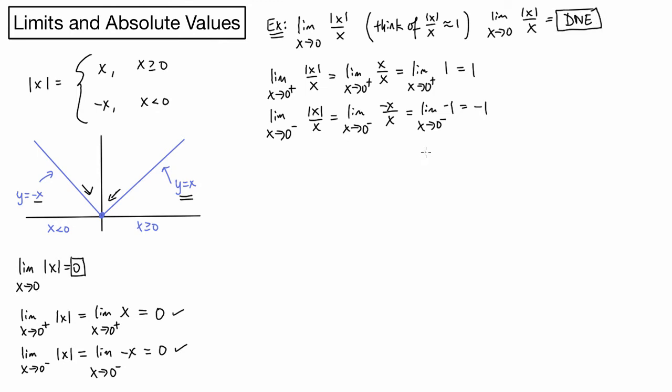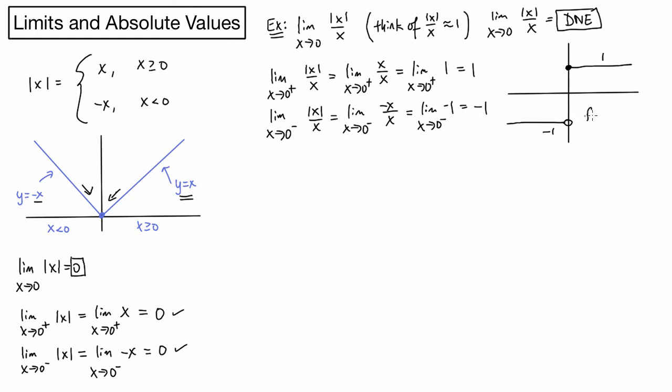And in fact, if I were to graph a picture of this function, it's simply going to be -1 as we approach from the left, and it's going to have a value of 1 as we approach from the right.